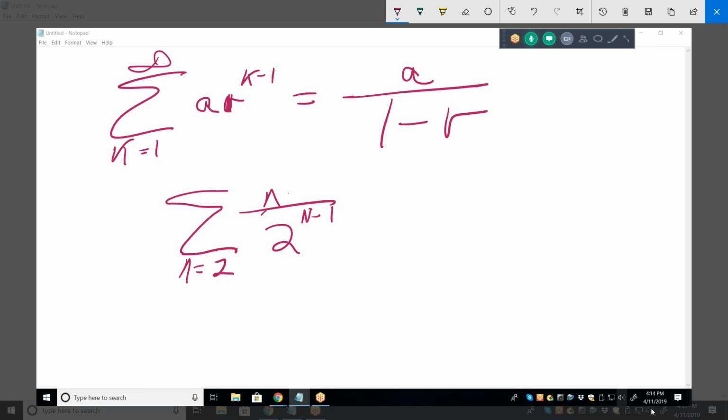Originally, there was a plus 1 up there. We've separated it out so that now it's not plus 1 anymore, it's just n. Now, let's see, can I use this information? Maybe.